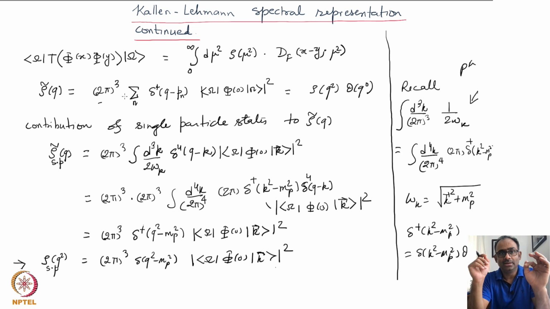Because you have a two particle state, the minimum value of q square will be taken when both these particles are produced at rest.